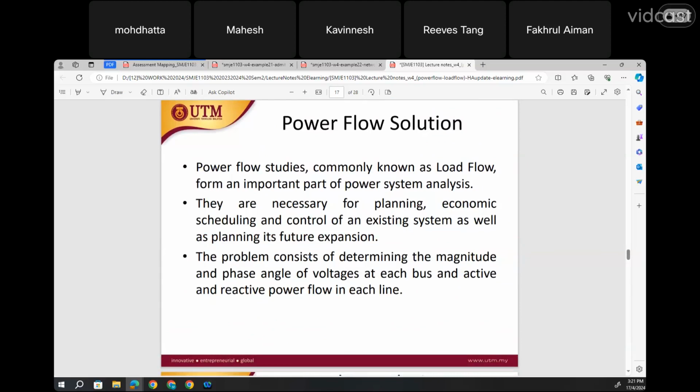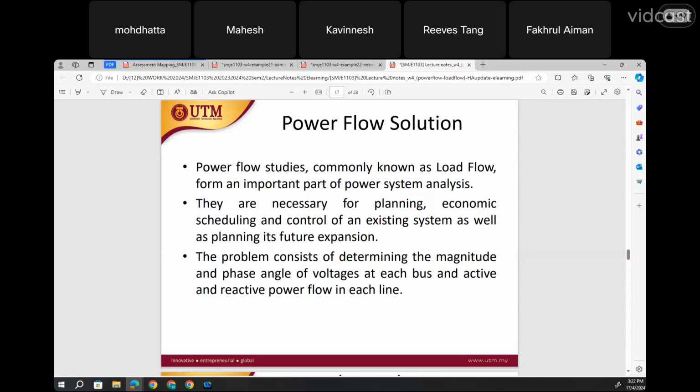Previously, I showed you step-by-step because it's very important for you to have the basics of the admittance matrix. If not, you might not understand where this admittance matrix comes from. So that's why I focused on the first part slightly more compared to the part that you should revise or learn by yourself.